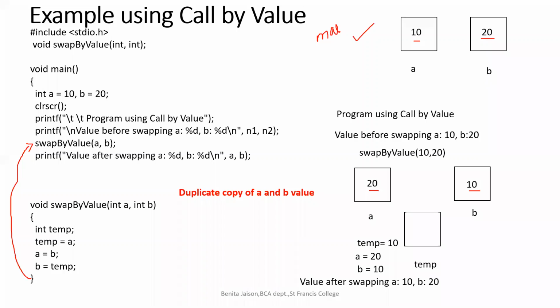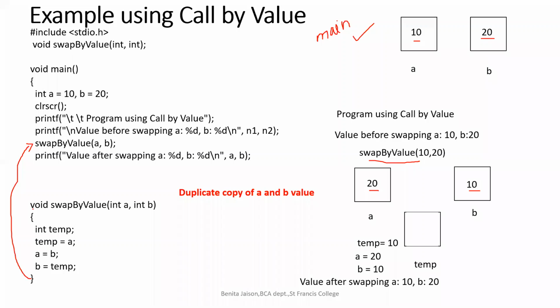This is the area which is used by main, and this is the area which is used by the function swap by value. We made a duplicate copy and swapped the values of A and B, but we are not returning the new values back to the main program.